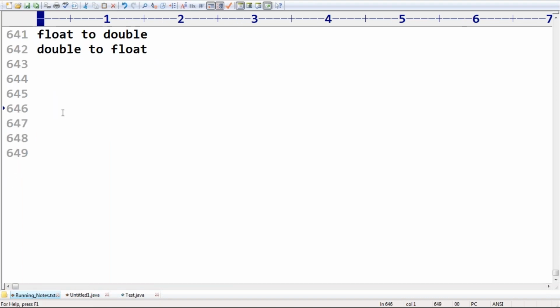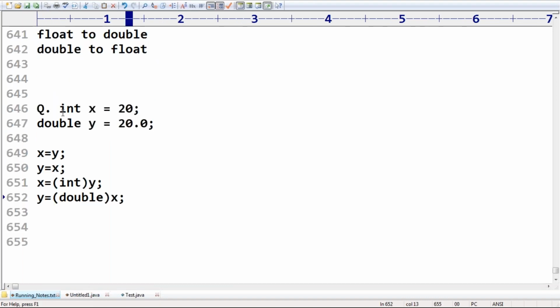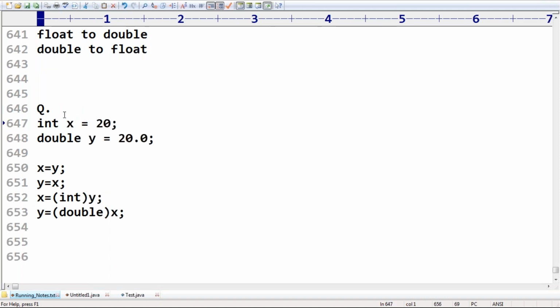Please confirm. Right? First one, 100% invalid. Second one, 100% valid. Third one, valid. Fourth one is valid. Sorry, one minute. Here, fourth, one minute.